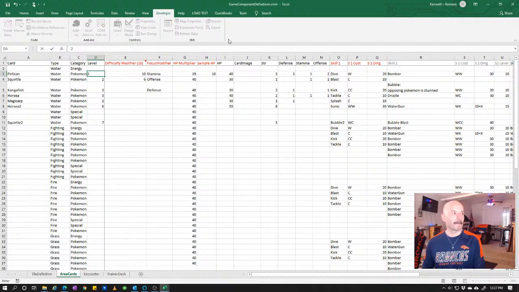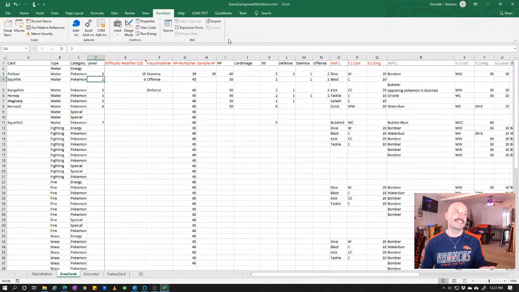Level 2? 3? Oh. So the difficulty modifier 10 has to be at least level 3 before we can get to 10. Right now we have it capped at a minimum of 10. So all of these other guys are going to be a 10. That's a lot of 10.